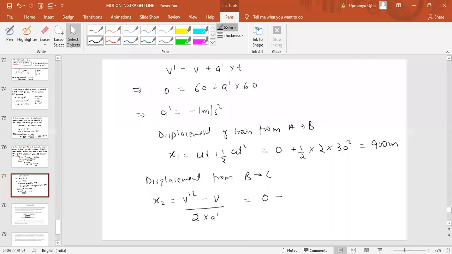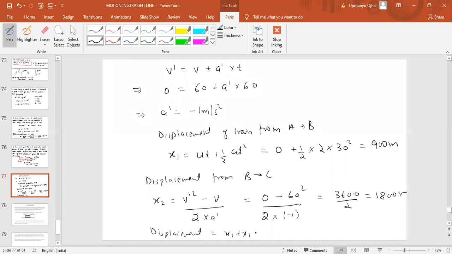So it should be 60 whole square by 2 into deceleration. Deceleration is minus 1. So this becomes 3600 by 2, which is 1800 meter. So total displacement would be x1 plus x2, which is 900 plus 1800, means 2700 meter is the answer. So 2700 meter is the answer for this problem. Fine. So that is the answer for this particular problem.